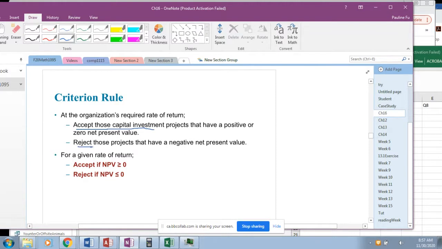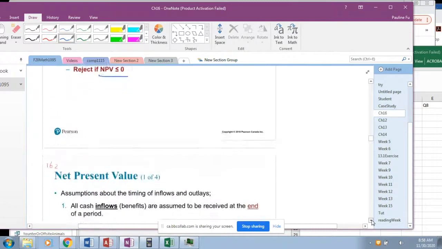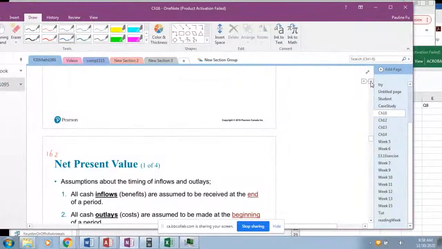We reject those projects that have a negative net present value because you're losing money. Okay. And if a rate of return is given, we are going to accept the project if net present value is greater than or equal to 0. We are going to reject the project when the net present value is negative. Okay. So that is the criteria.